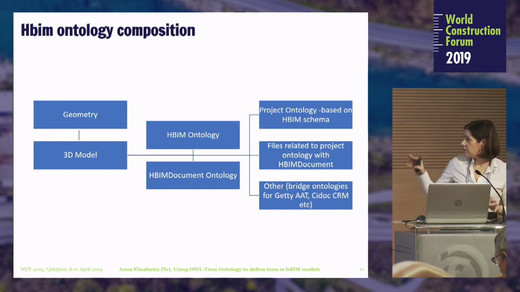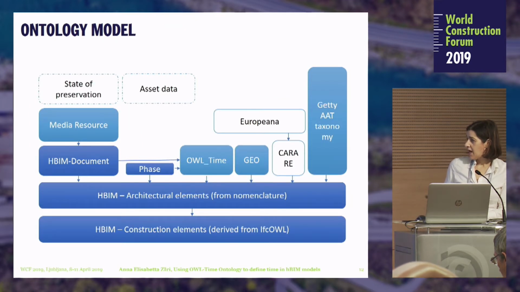As you can see, we have different sections, and this is like the layering of the ontologies. This is the schema from the previous slide. And this is which kind of ontologies we have already used.